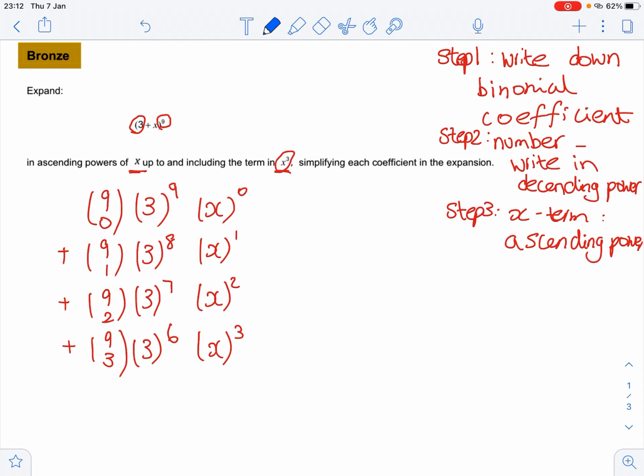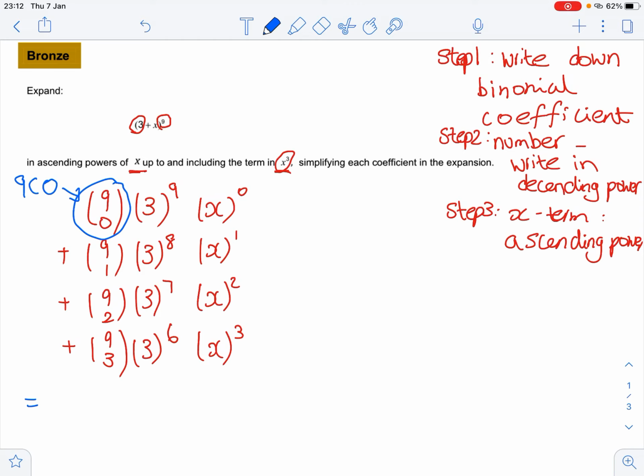So, just a reminder, 9C0 would give us the binomial coefficient. So what we have to type in our calculator is 9C0. So now all we have to do is type into our calculator. So 9C0 would give us 1.